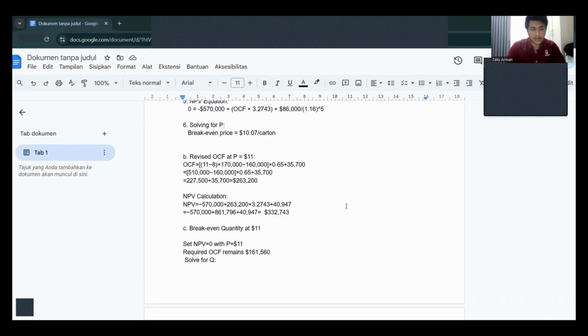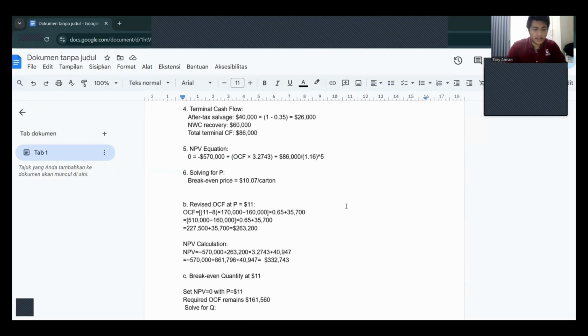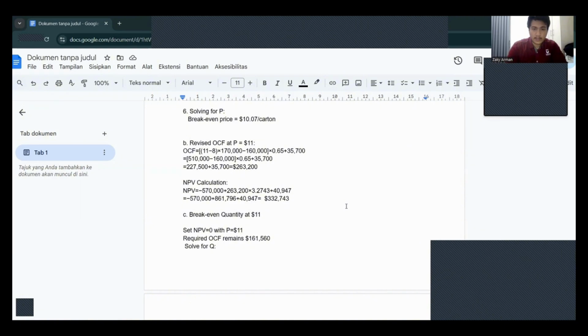If the actual price is bigger than the bid price, the project will generate surplus return, and it will lead to a positive NPV. So when we use the operating cash flow, the plug will be P equal to 11.